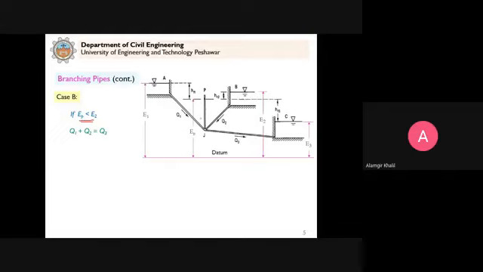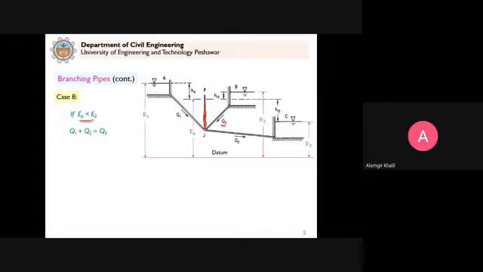So what will happen when this EP, which is shown here in this piezometer, is less than E2? The water will move out of reservoir B. You can see here that Q2 is now out of the reservoir.